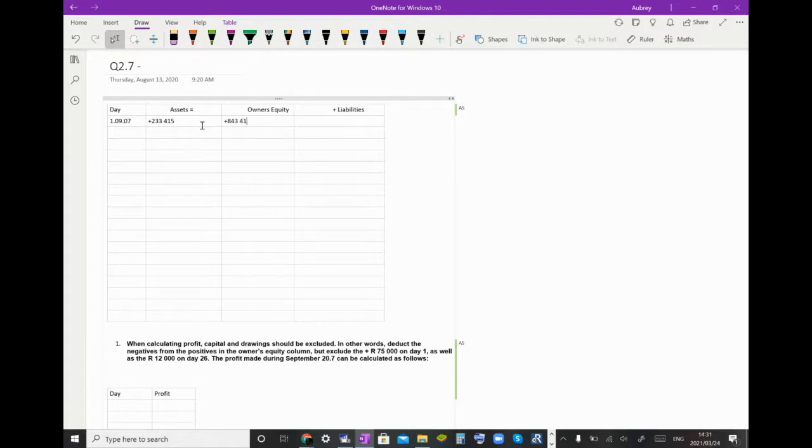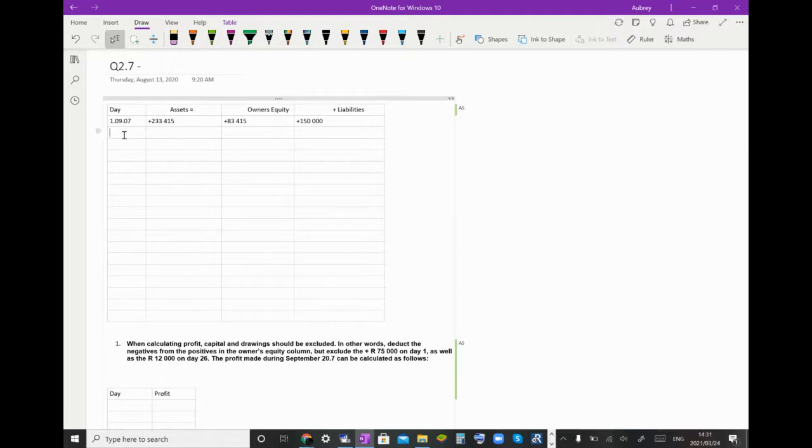Okay, and then liabilities is what? 150,000. All right, cool. So we've got that in there. So let's now jump into the transactions.